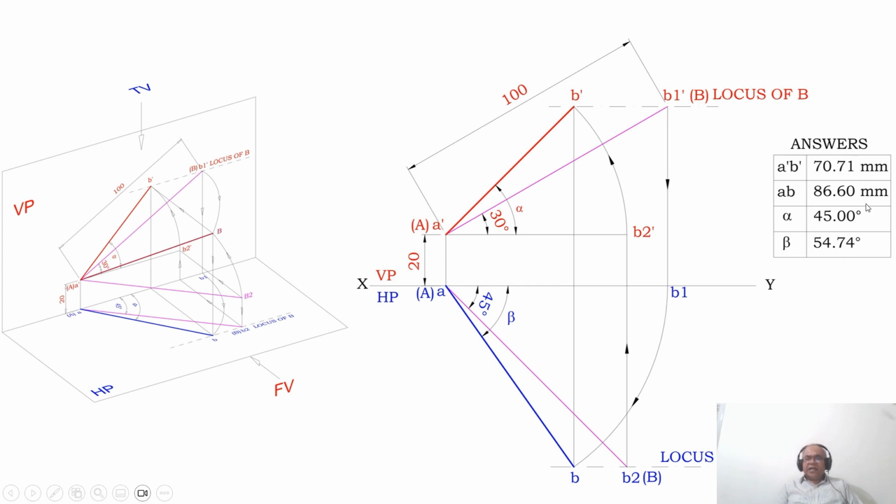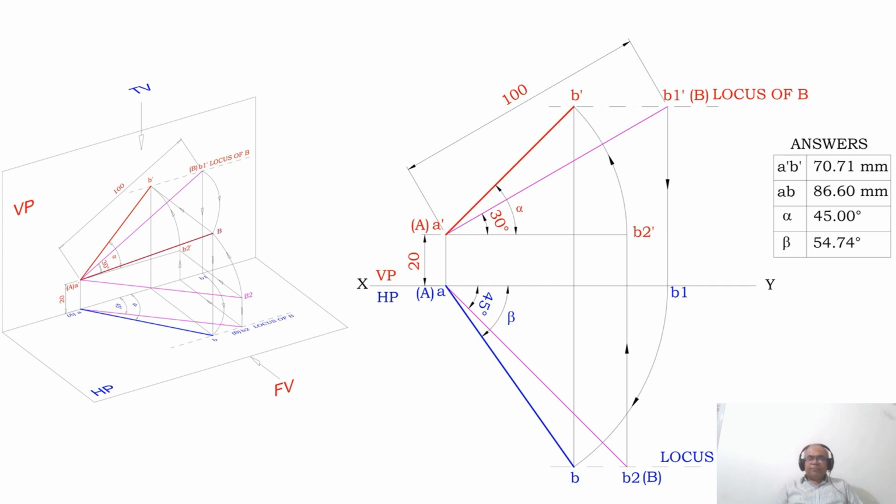Since you are doing it in CAD, the accuracy of the drawing will be up to the second decimal point. So you measure 70.71 mm, you must get exactly to the second decimal point, then only your problem is right. Otherwise, you have done something wrong. So this is how you will be able to analyze the problem and solve it.